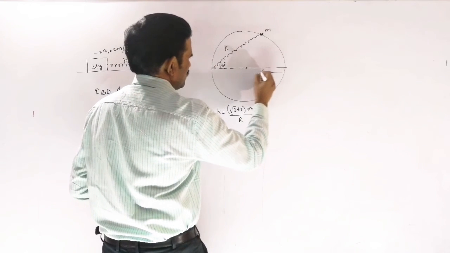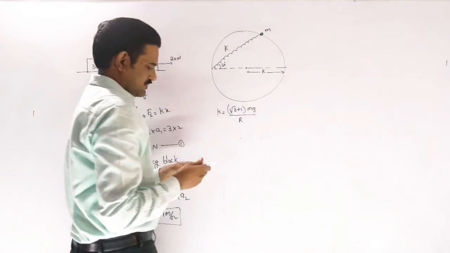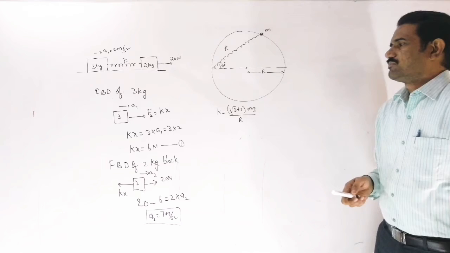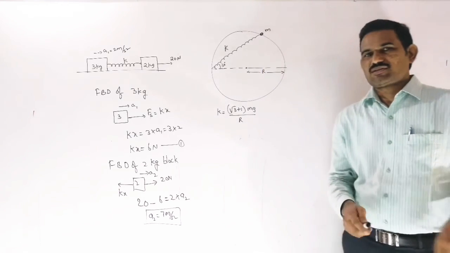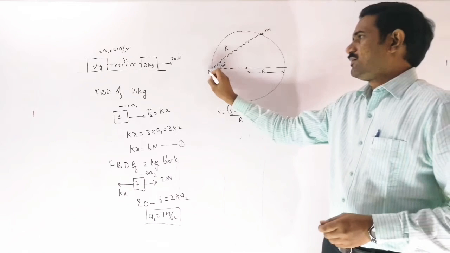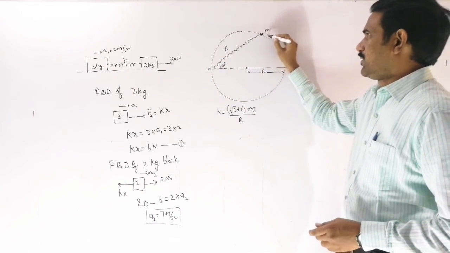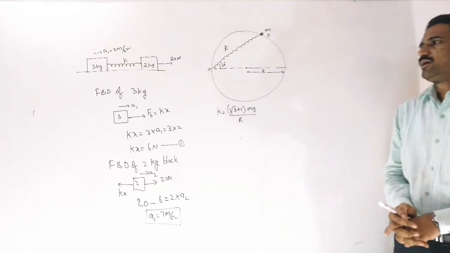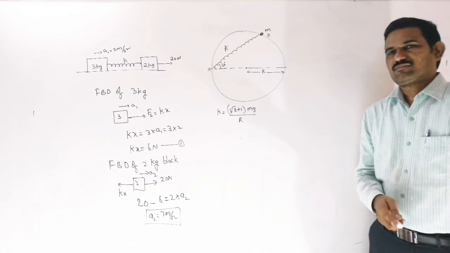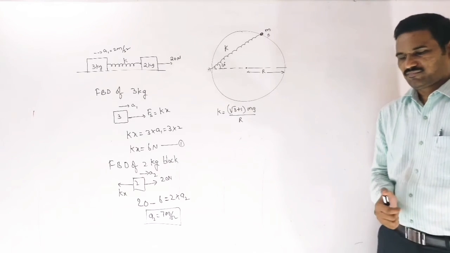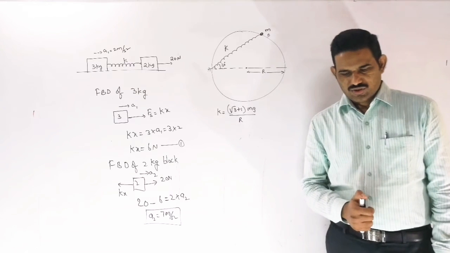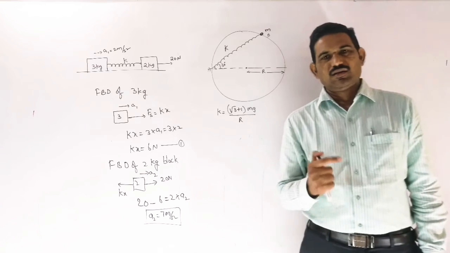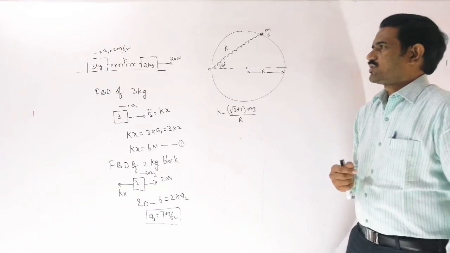So r is the radius of this circular ring here, right? So note down that problem. A small bead of mass m is connected to one end of the spring, as shown in the figure.